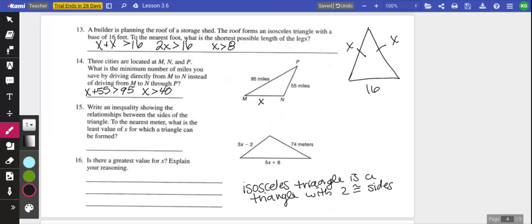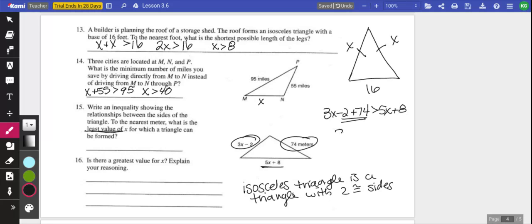Write an inequality showing the relationships between the sides of the triangle. And they're saying that to the nearest meter, the least value of x. So we're going to assume that these two are the smallest sides, and this is the biggest side here. So we're going to set it up as 3x minus 2 plus 74 needs to be greater than 5x plus 8.